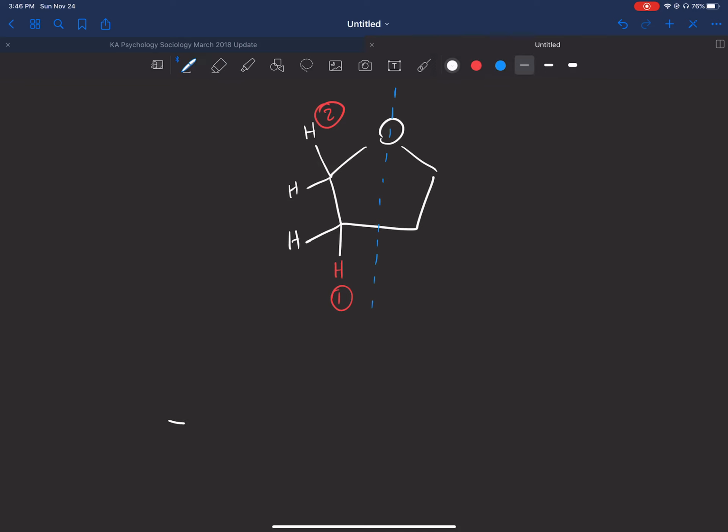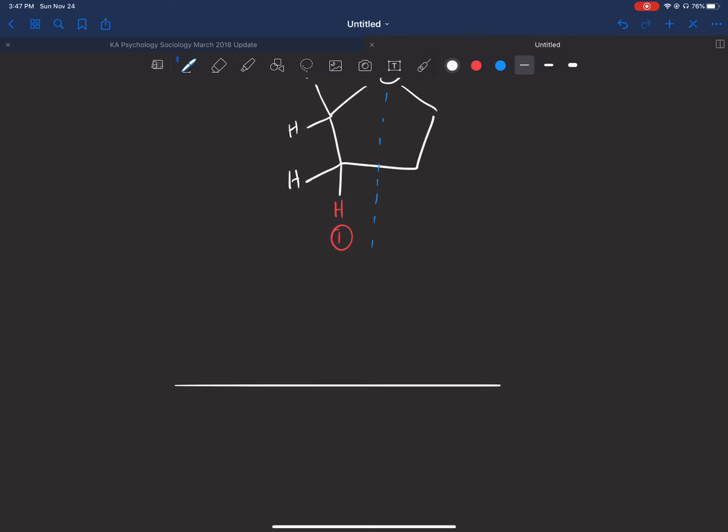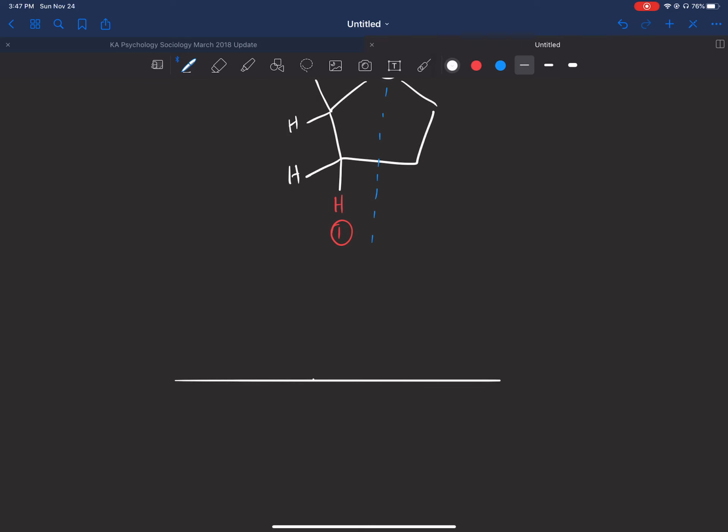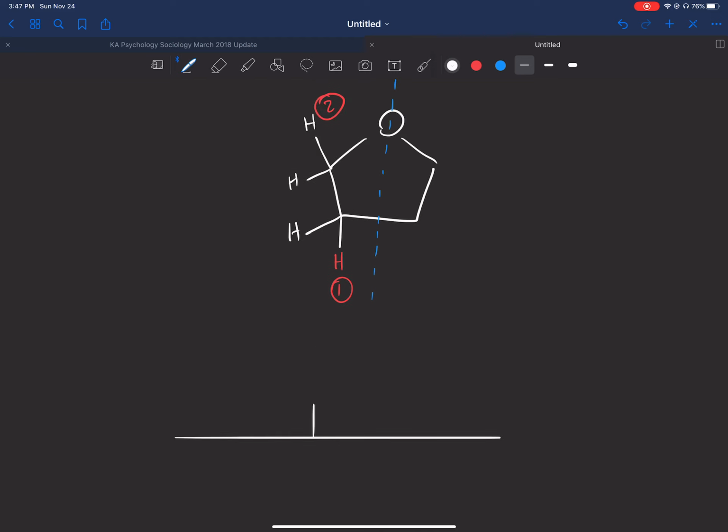So here I'm going to draw the baseline on our HNMR. In CNMR, we would have just gotten a peak like this. That's a unique hydrogen. We're going to get one unique peak. And let's color this one blue so we have a difference. So here's our red peak, here's our blue peak.